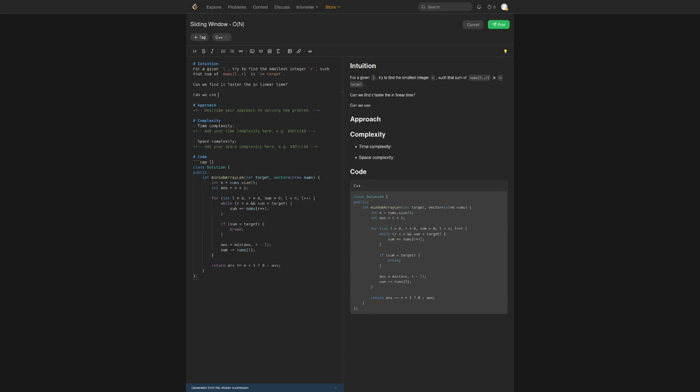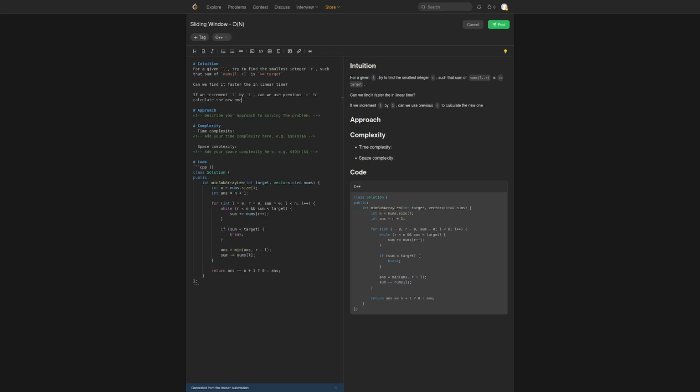Question 2: if we increment L by 1, can we use the previous R to calculate the new one?